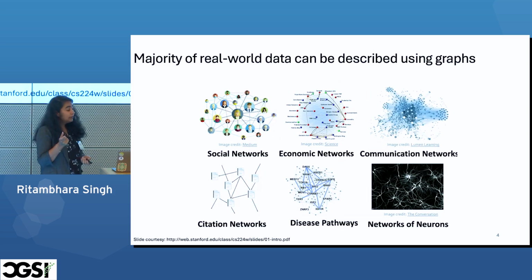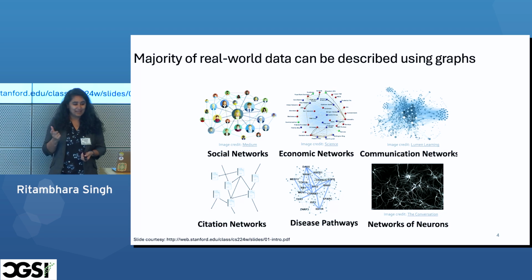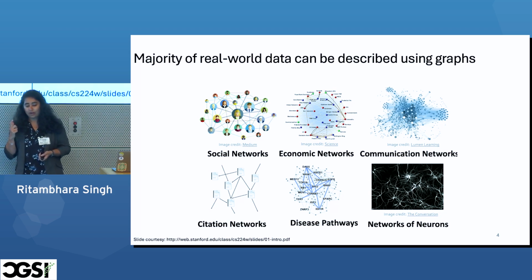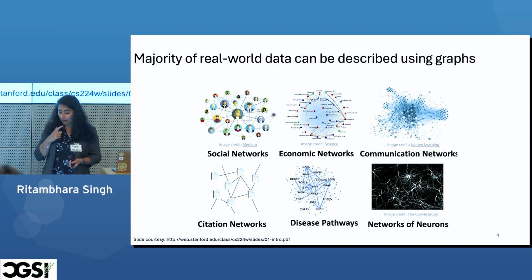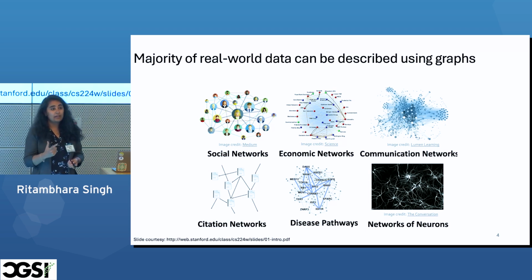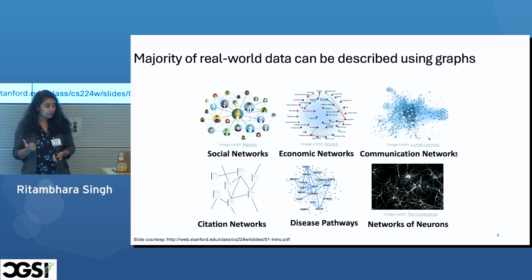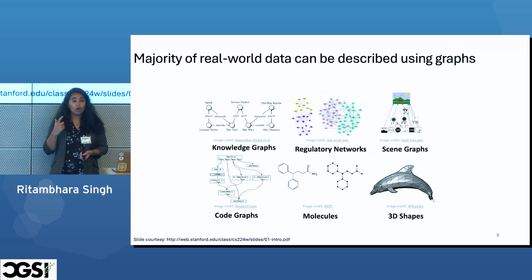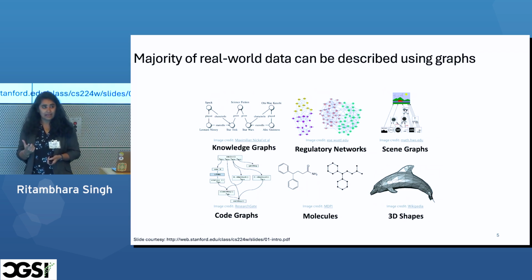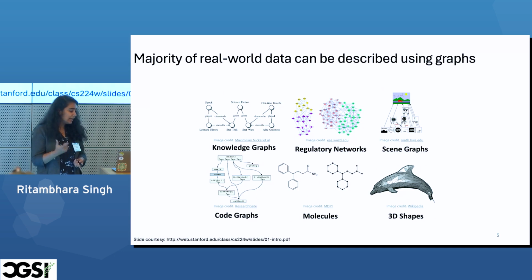It turns out that the majority of real-world data sets can be described as graphs. You can think of a social network, a disease pathway, connections of neurons in your brain, knowledge graphs. There have been some really nice talks about that here at CGSI.